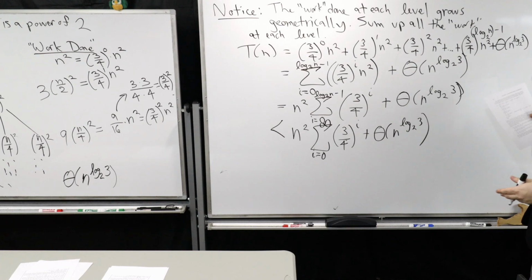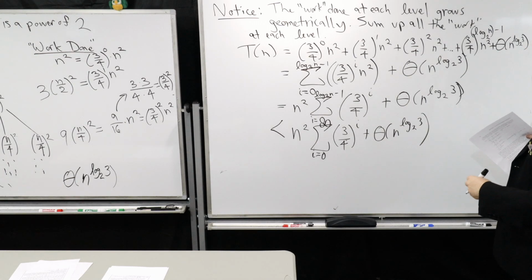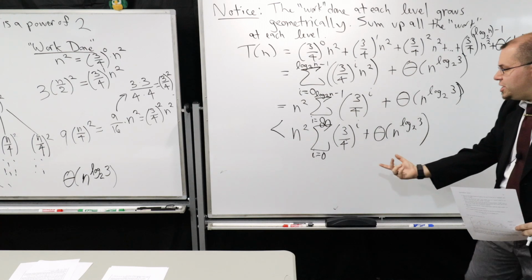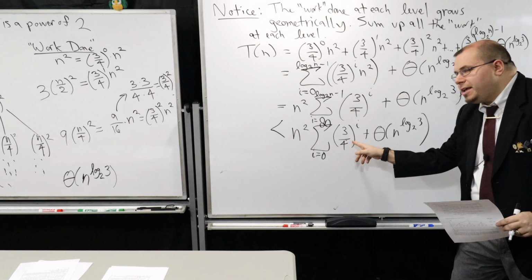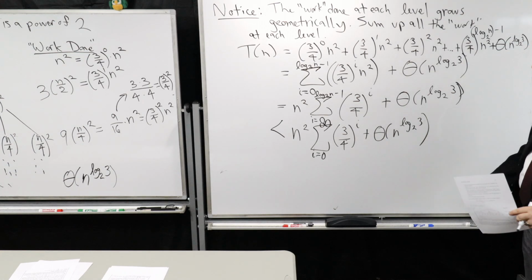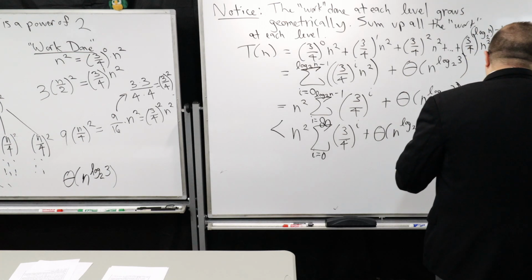Now this is where I apply the known closed form formula for this infinite sum, because this is a geometric series where the ratio r is in fact equal to 3/4. So I'm going to simplify this.